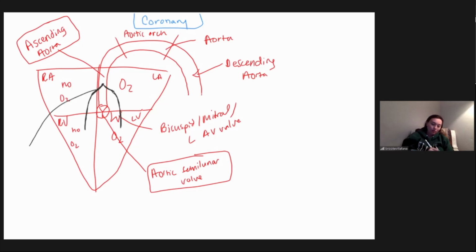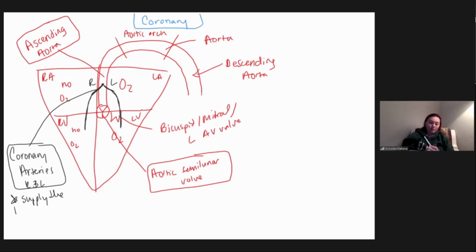So these are the coronary arteries. We have a right coronary artery and a left coronary artery. There's a right and a left. These are going to supply the heart muscle with oxygen, right? With oxygenated blood. Everyone can see that, right?